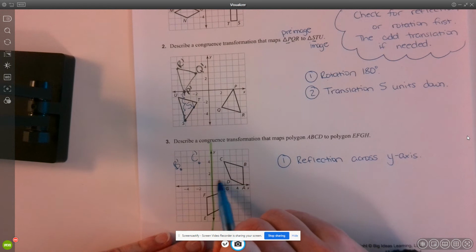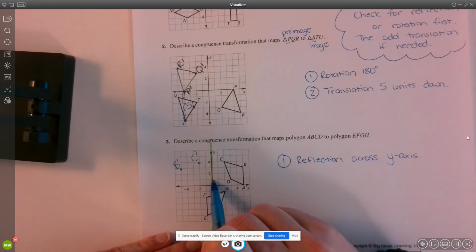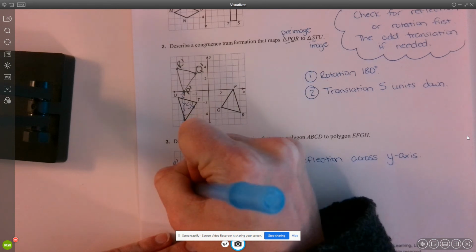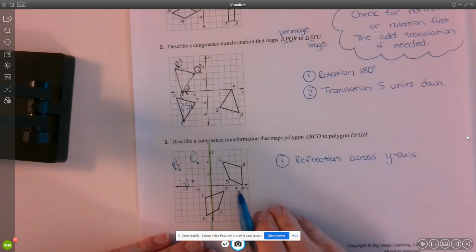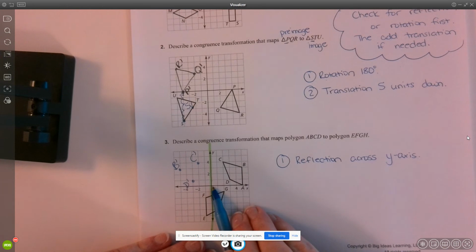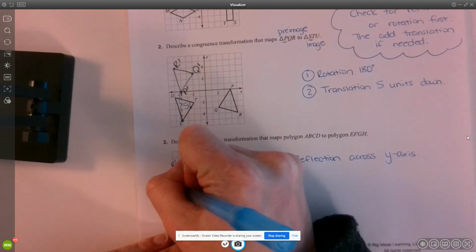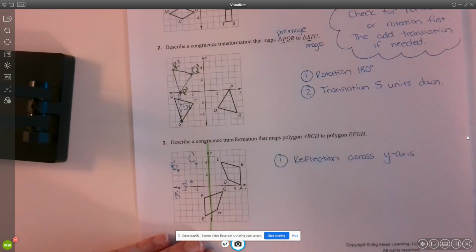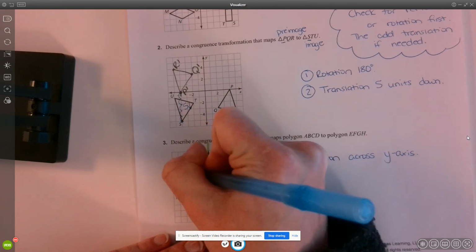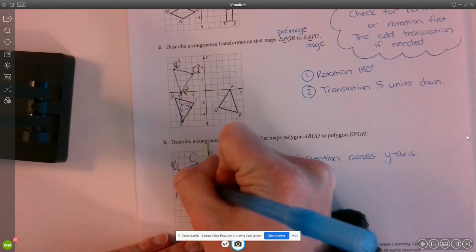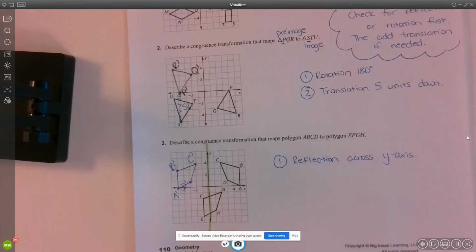D is 3 units to the right, so D prime will be 3 units to the left. A is 5 units to the right, so A prime will be 5 units to the left. I'm going to go ahead and connect my points. So I have the reflection.